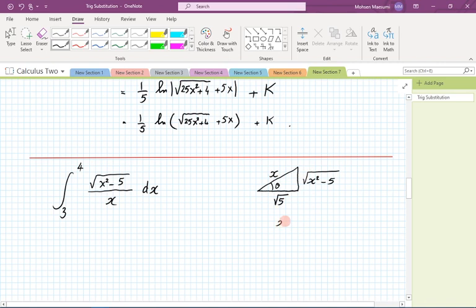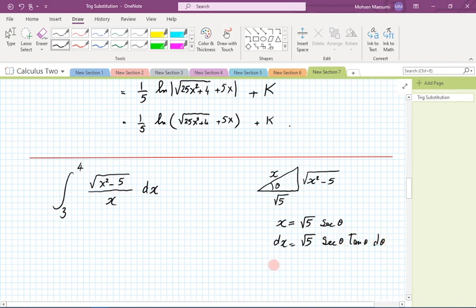So we connect these three things to each other, and x is equal to the square root of 5 times secant of theta. Then what is my dx? Take the square root of 5 as a number; the derivative of secant is secant tangent d theta.